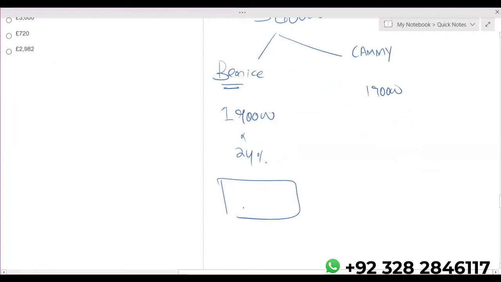Just take 24%, I'm getting 45,600. Kame will get the annual exempt amount of 3,000. 190 minus 3,000 gives 1,87,000. Now, the basic rate band is available to Kame, 37,700 at 18%.